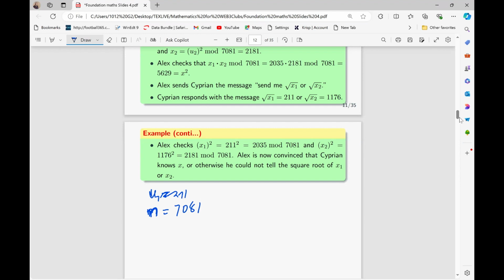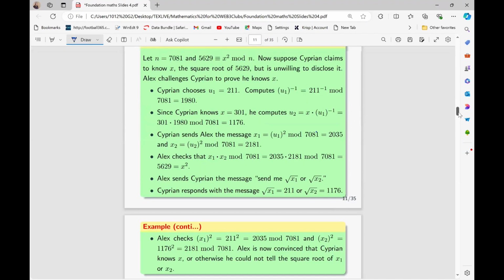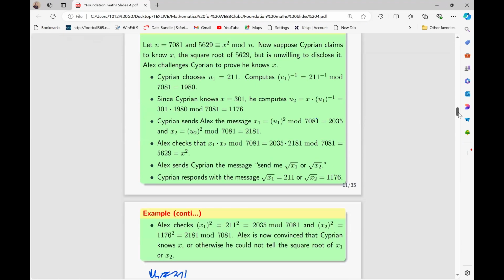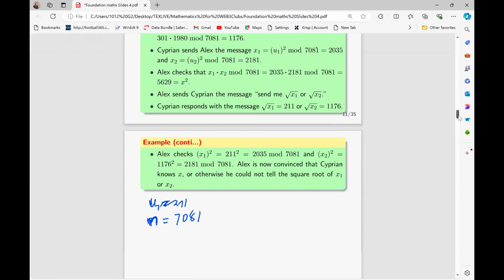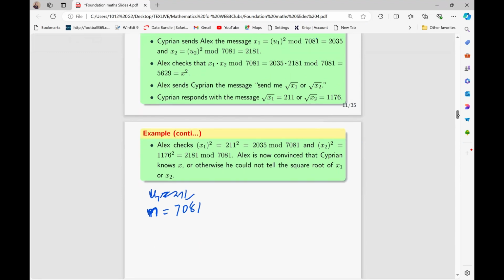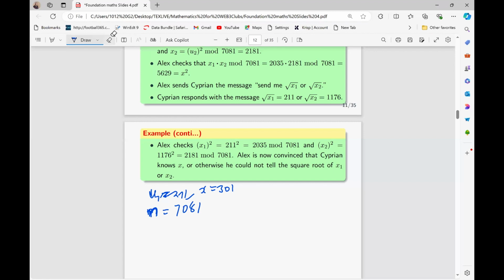And you know x is 301. You know that x is 301, but you don't want to reveal it. u1 here is 211. Good.